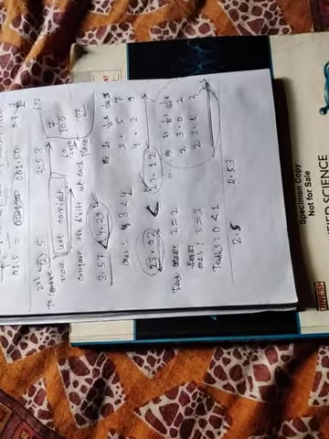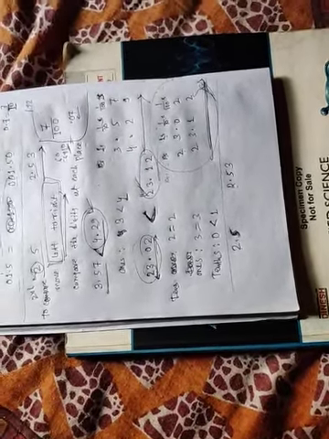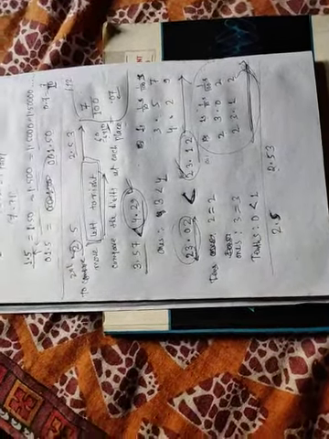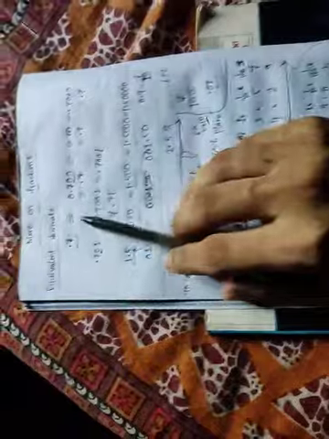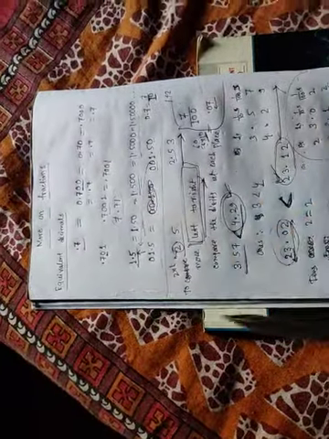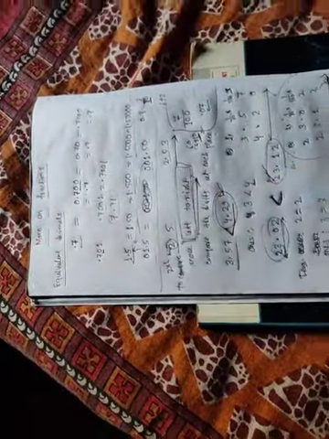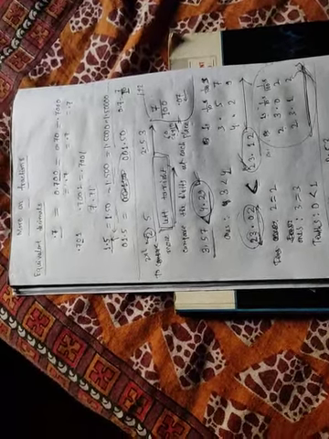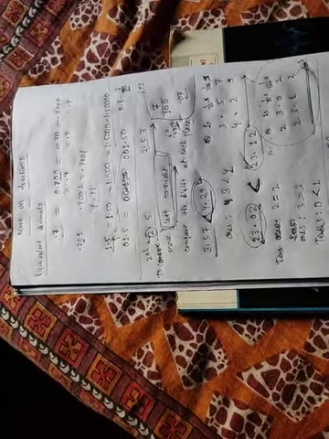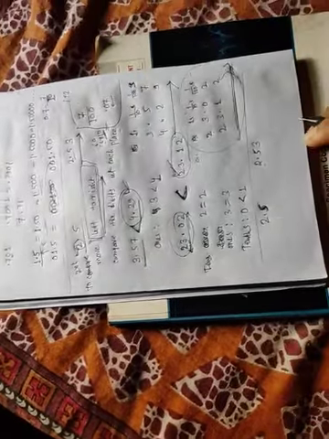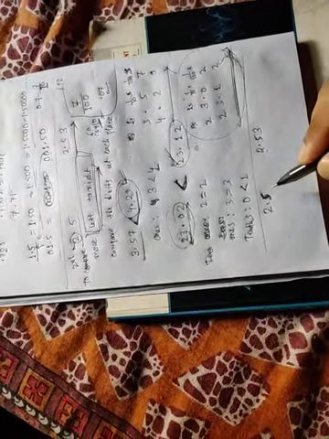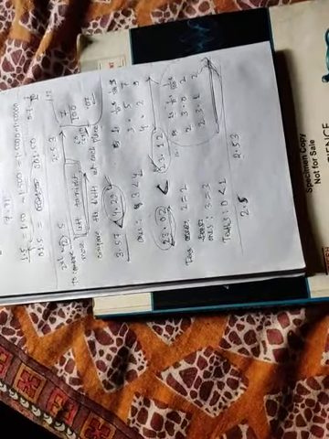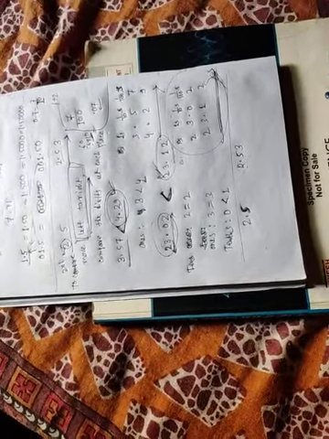Remember, for this case you have to use the concept of equivalent decimals. What are equivalent decimals? Equivalent decimals are decimals you get if you add any number of zeros at the end of a decimal fraction.